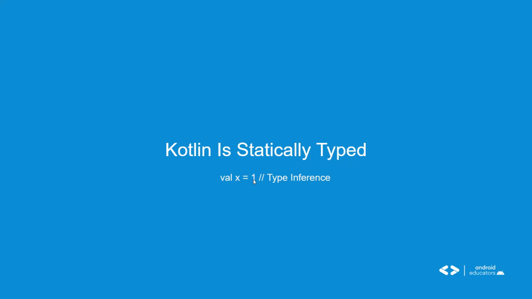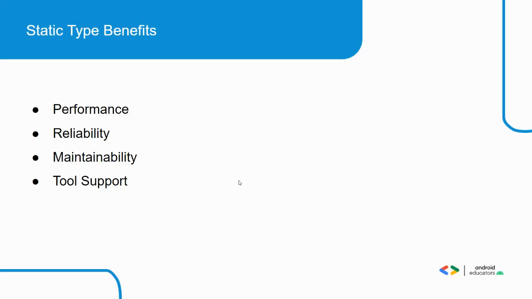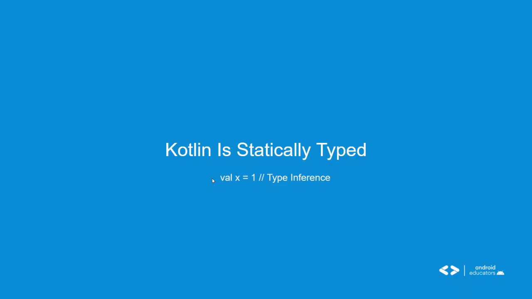The Kotlin compiler will look at this code and say, okay, you are assigning one here and not providing any type, so it will assume that if you are providing one, x is of type integer. They automatically know it would be an int type. You don't have to write colon and int here.